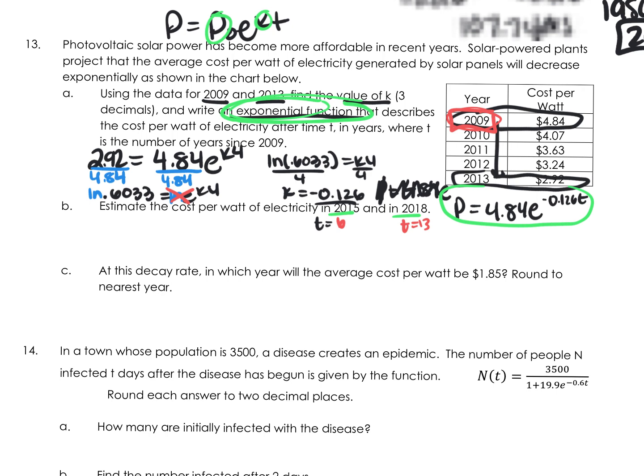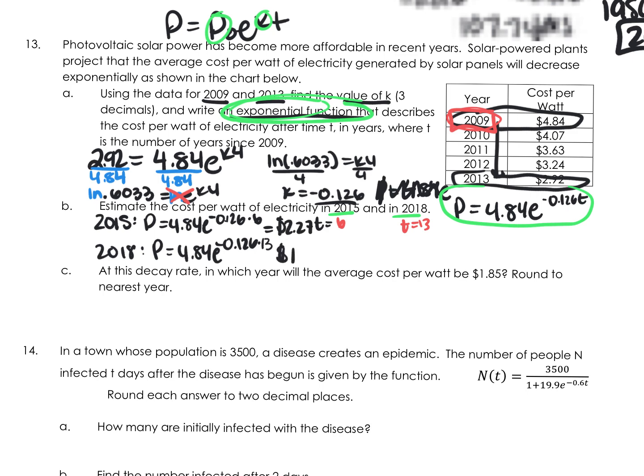For 2015, we'll do P is equal to 4.84 e to the negative 0.126 times 6. And for 2018, we'll do P is equal to 4.84 e to the negative 0.126 times 13. Type these into your calculators, and you should get $2.27 and $1.65. So those are your two answers.